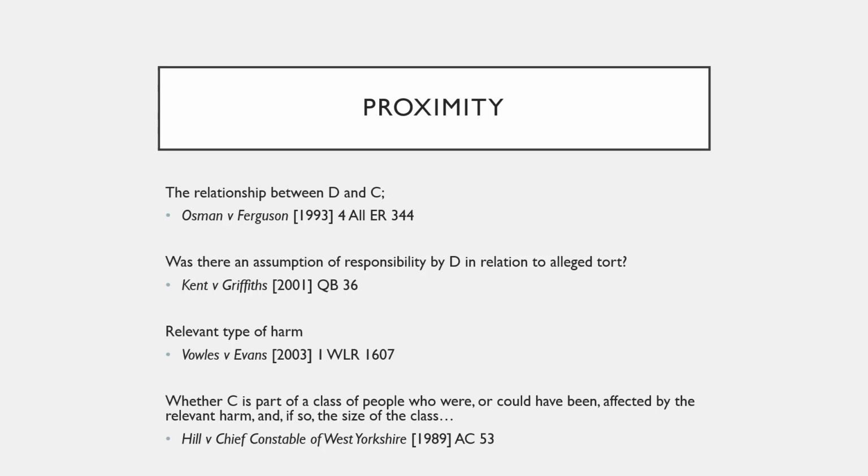Okay. The second thing we can look at, was there an assumption of responsibility by the defendant in relation to the alleged tort? So for this we can look at Kent v Griffiths. There was a woman, she was having an asthma attack. She called an ambulance. They said they were on their way, and they were quite close. However, it took very long to come. They kept calling them again, asking where they were. They reassured them an ambulance is on its way, and the ambulance took so long that she suffered such an extent of injury that they brought a claim against them.